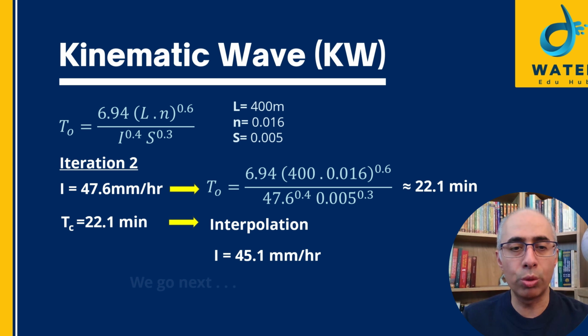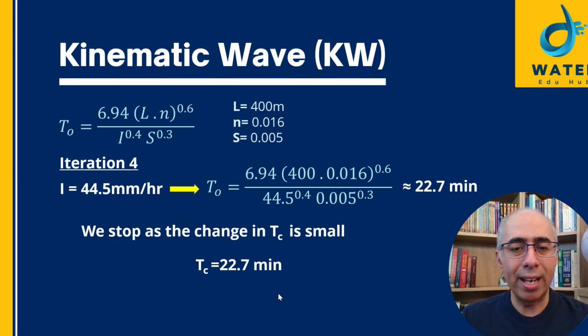So I go to iteration number 3, I plug in 45.1 in the same formula, I get 22.6 this round, slightly higher. I do the same interpolation and I get 44.5. I didn't show the interpolation process just to save time. So 44.5, we go to the next.